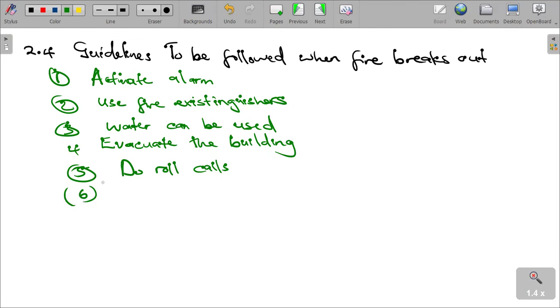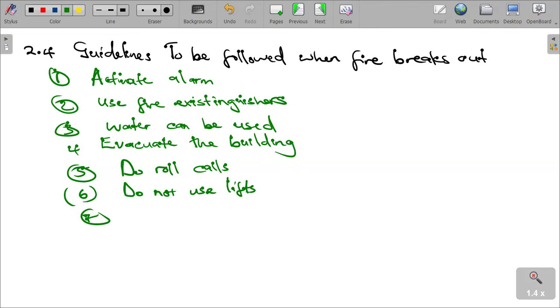And then do not use lifts. Instead, use stairways. Otherwise, one will be trapped. Right.